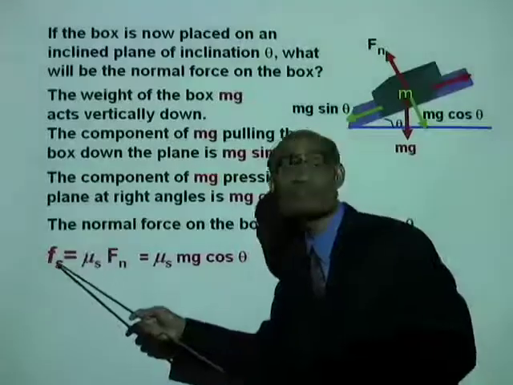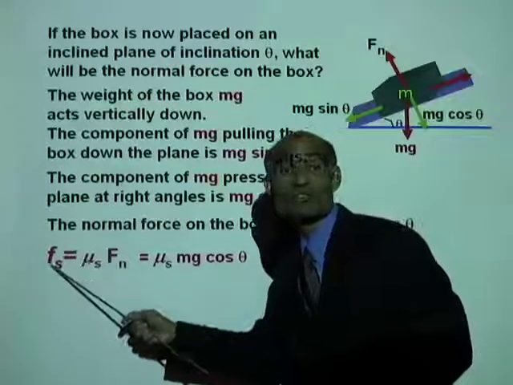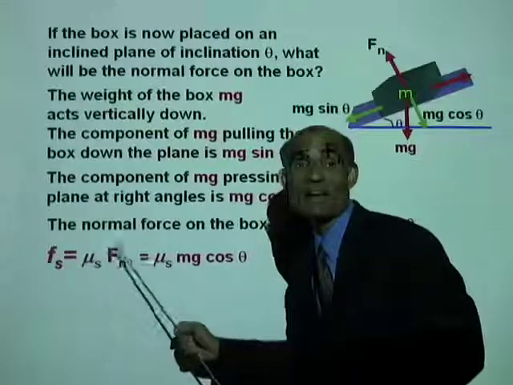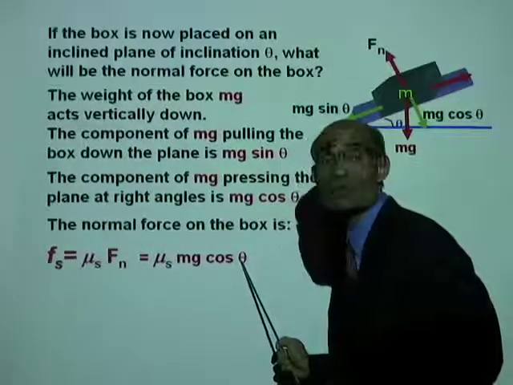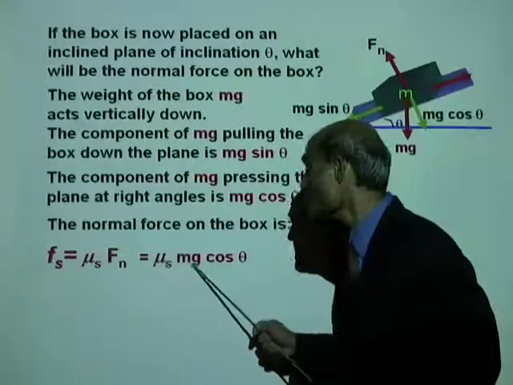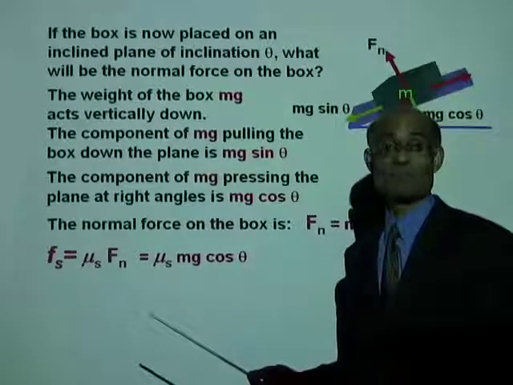So you must be able to now distinguish that the force of static friction between two surfaces that are inclined at an angle theta to the horizontal is mu_s mg cos theta.